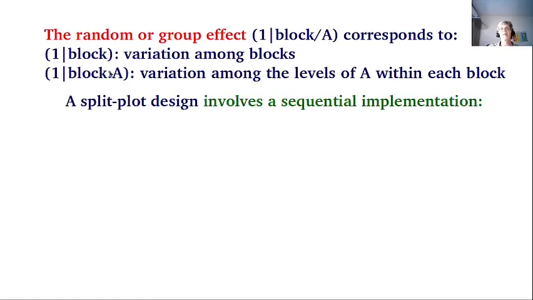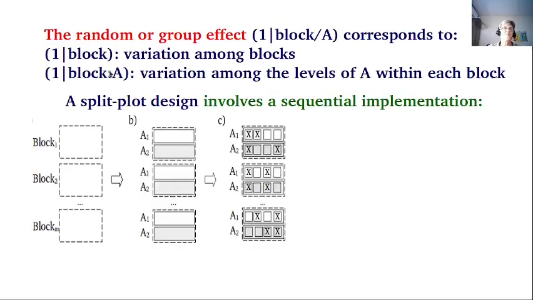actually involves the following sequential implementation. First of all, we define the large blocks. This is optional. Then we define the larger experimental units to which we apply the hard to change or hard to modify level of factor A, say A1 and A2, and within each of these larger experimental units we apply, in smaller experimental units, the level of factor B corresponding to the X or the absence of X in the previous slide.